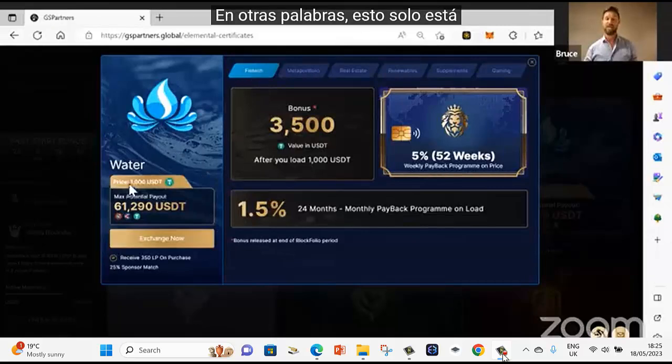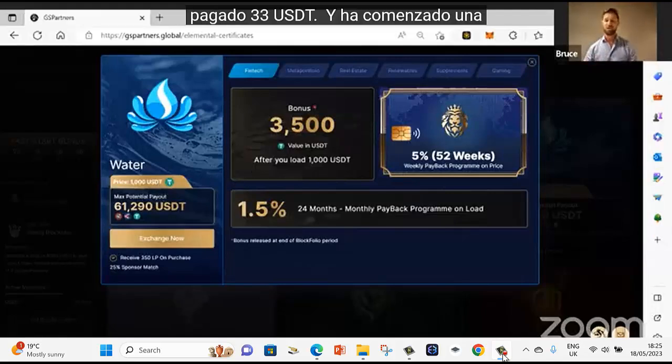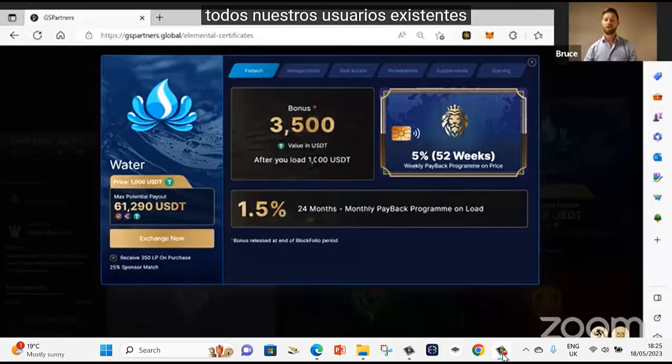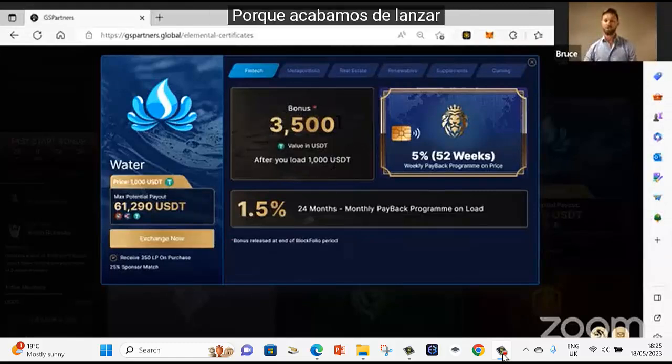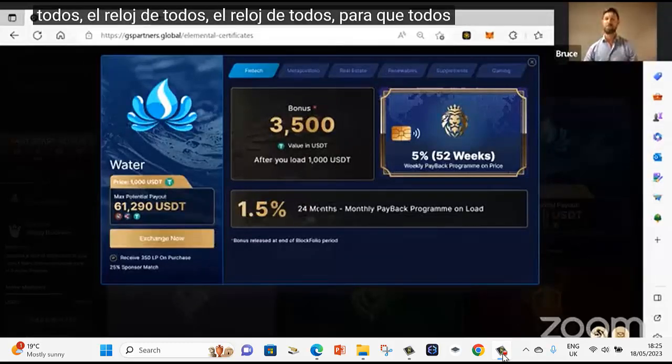It's going to cost me 1,000 USDT to buy the certificate, but to activate it, I need to load value, another 1,000 USDT, into one of these block folios. When I load 1,000 USDT, it's going to do two things. It's going to, one, unlock a bonus of 3,000 in value that'll be released to me after 24 months.